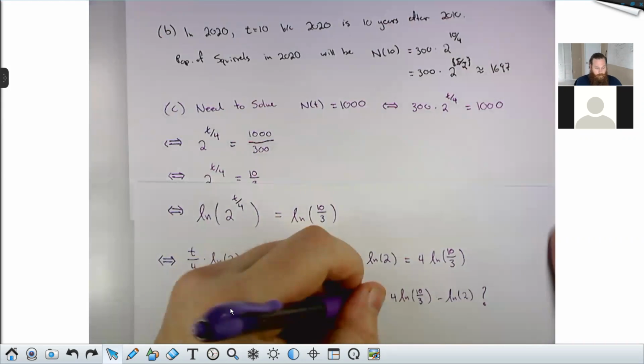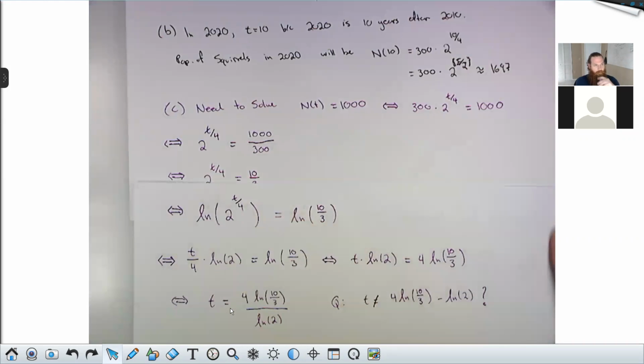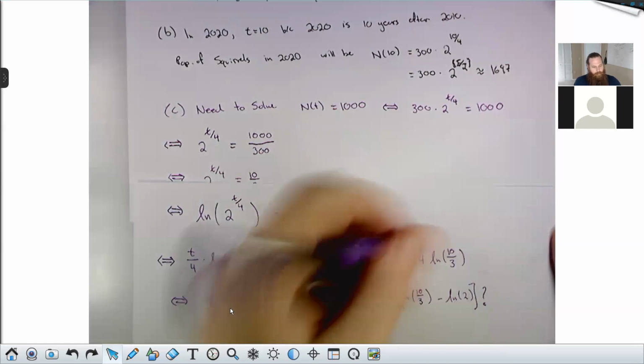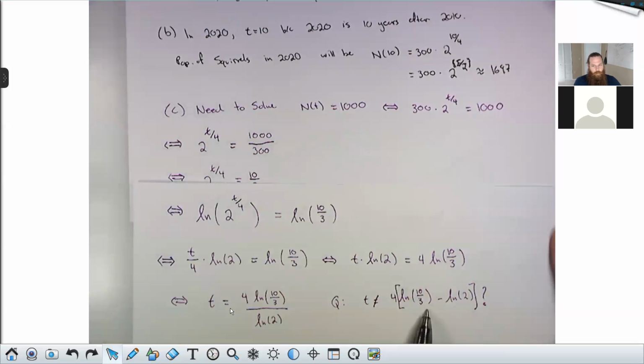The answer here is no. No, because the 4 is on the numerator there, and it'd be applied to the whole division. Even if I make the 4 go to both, it's not true.